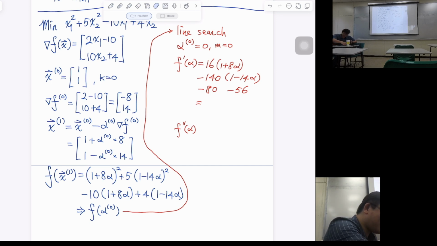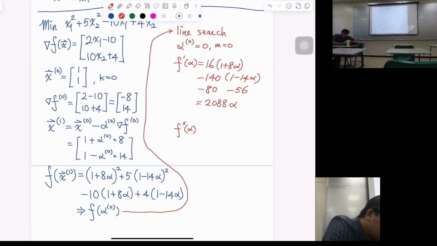So 16 times 8 plus 140 times 14. Okay, so this is 2088 alpha, and then 16 minus 140 minus 80 minus 56.